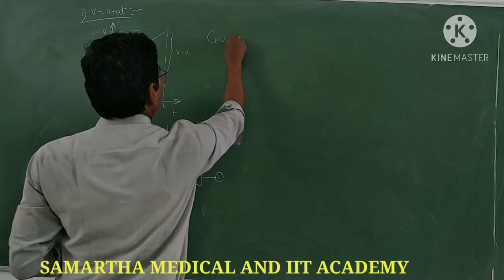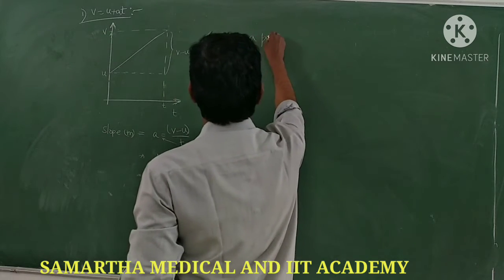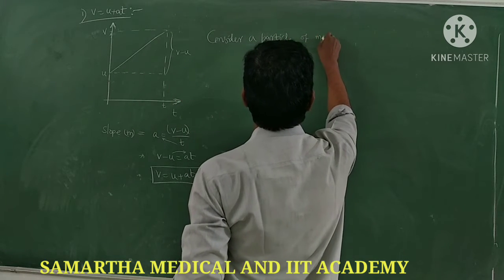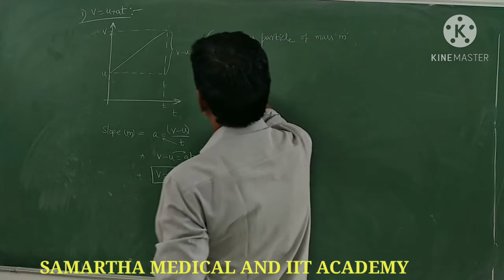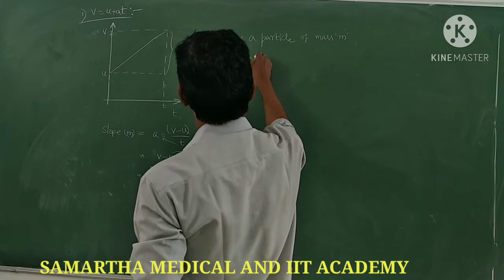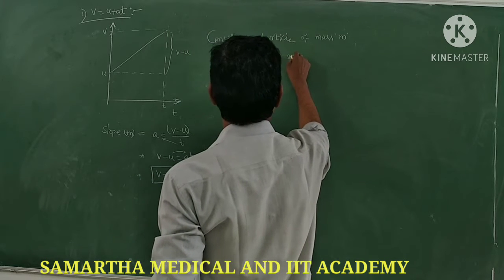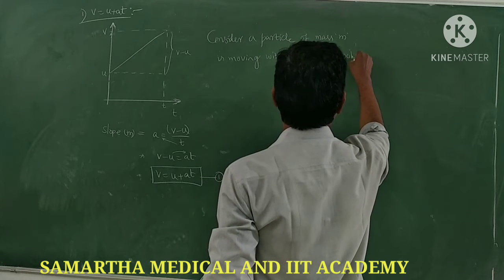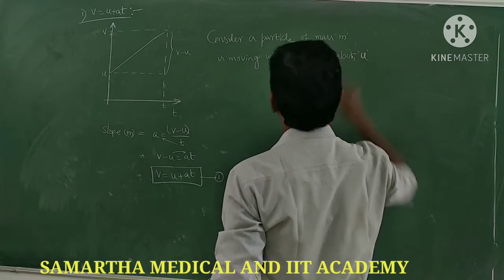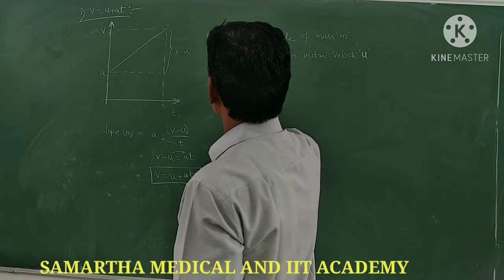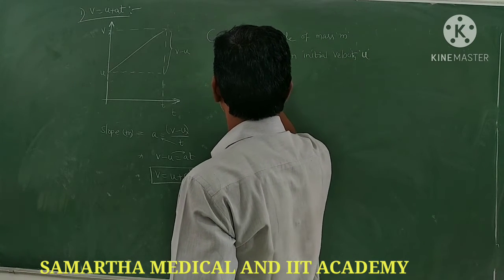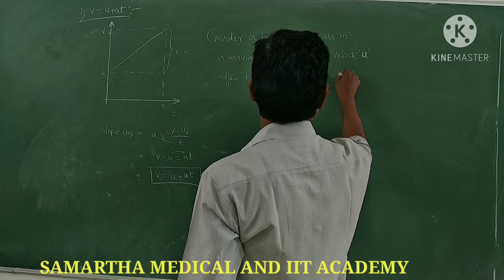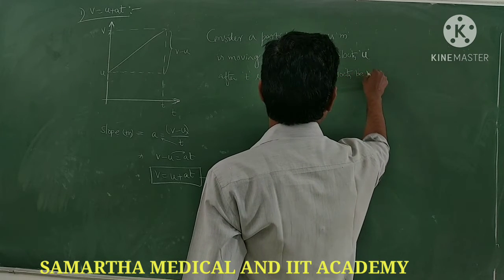Consider a particle of mass m moving with an initial velocity u, after a time t seconds. Let the final velocity of the body be v.